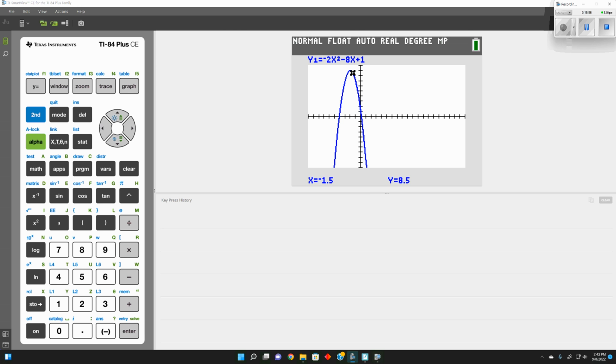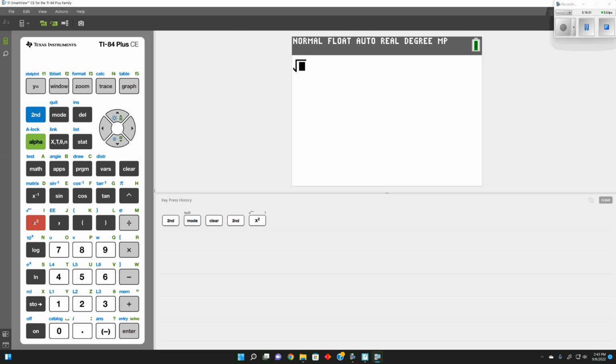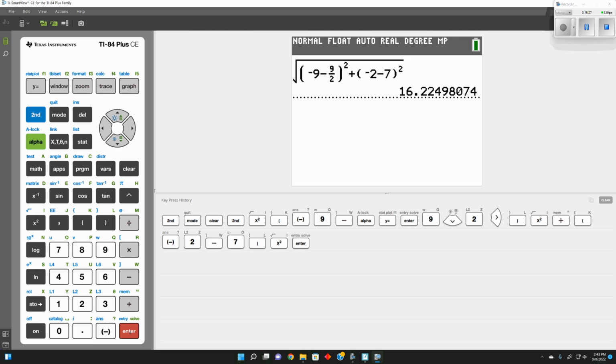So let's see here. When we type this in, clear all that out. Second square root, then parentheses. So we have -9 minus, and then we would hit the fraction key, 9/2, close parentheses squared, plus -2 minus 7, close parentheses squared, and we get this here.